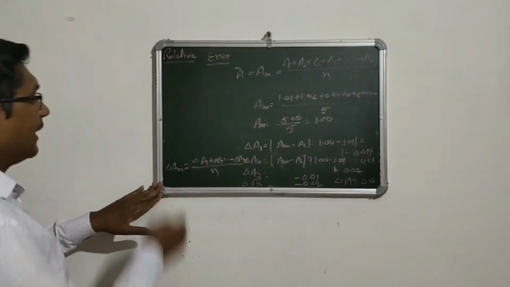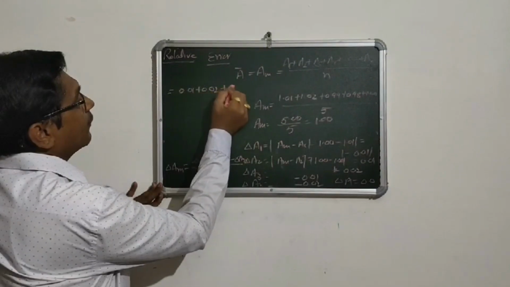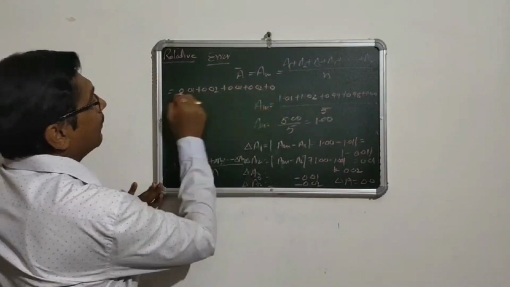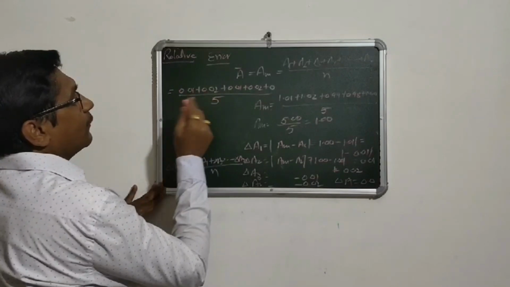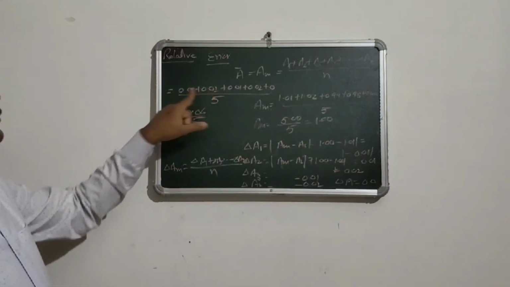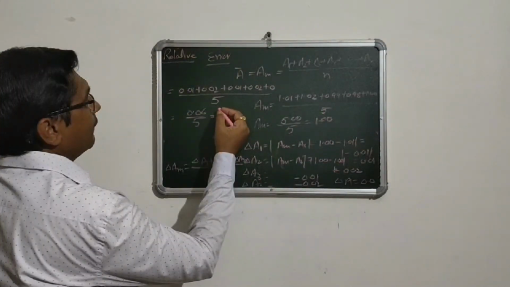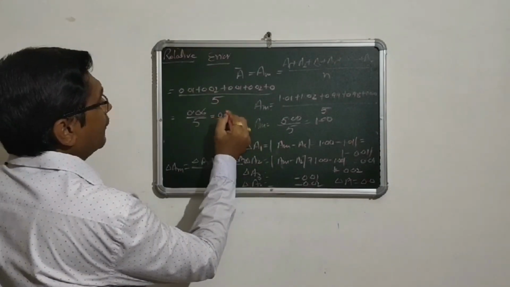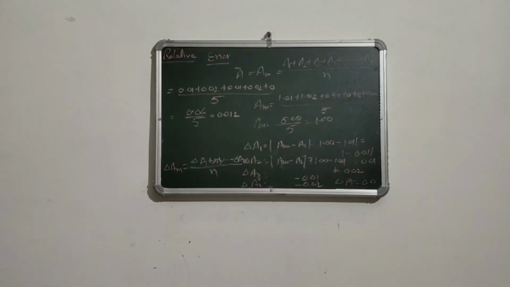We get delta A m equal to 0.01 plus 0.02 plus 0.01 plus 0.02 plus 0 by 5, which is 0.06 by 5, equal to 0.012. This is the delta A m.